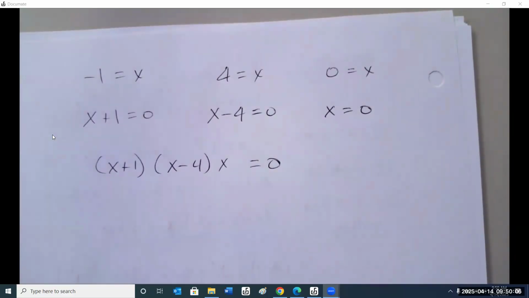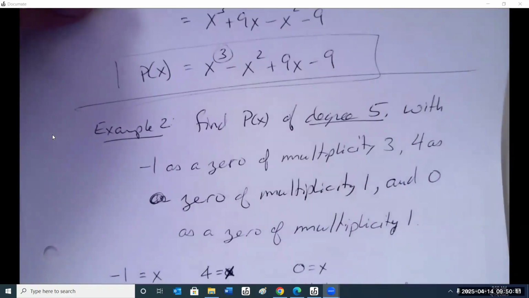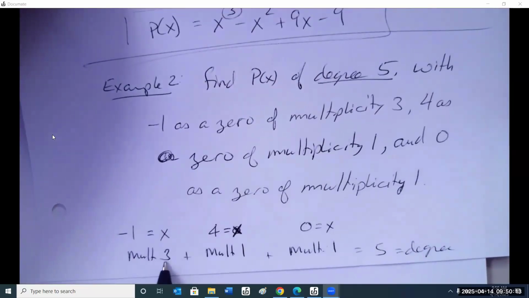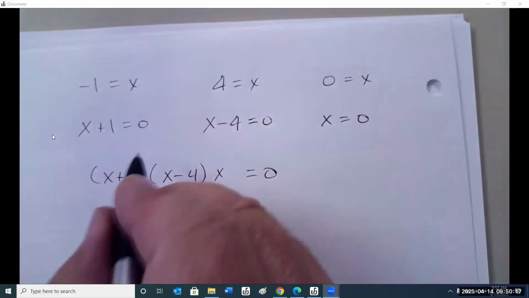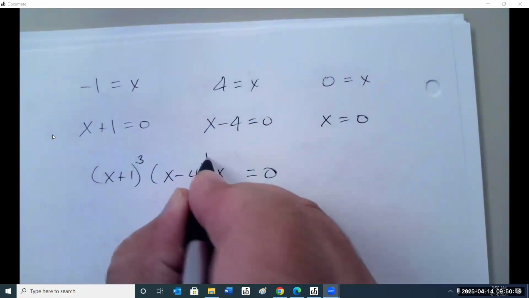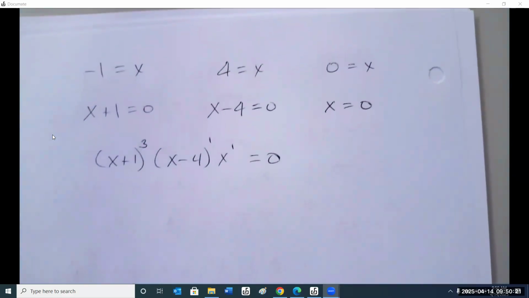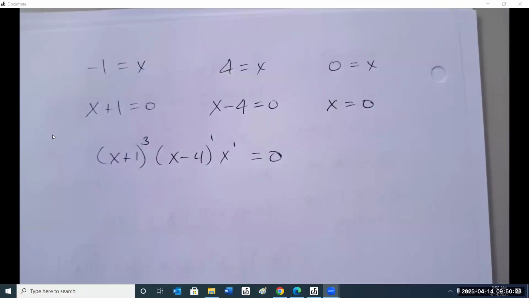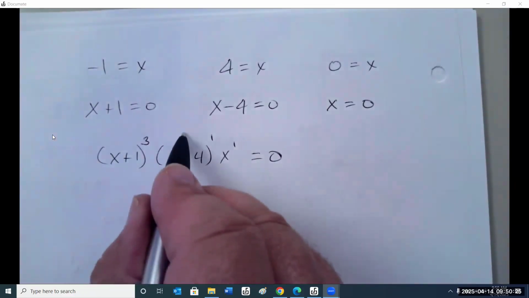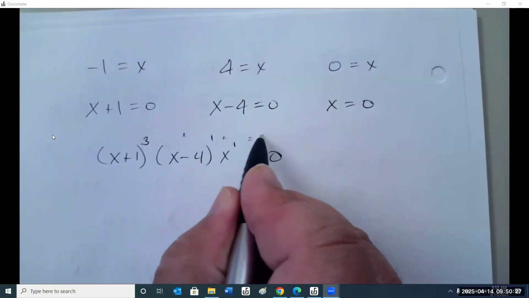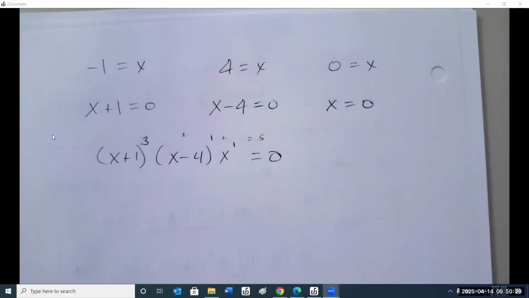But remember, it said that the -1 had a multiplicity of 3, 1, and 1. Multiplicity is the exponent. Because the sum of all your exponents has to equal 5, which it does.